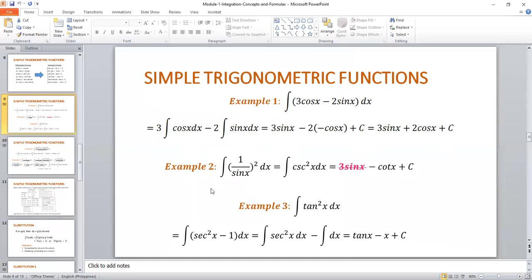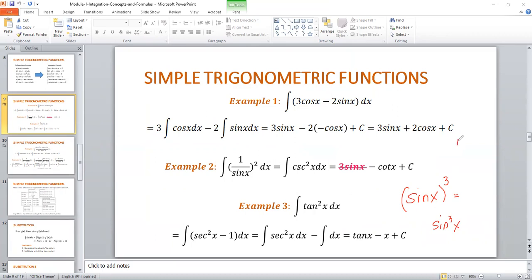For number 2, you have 1 over sine x quantity squared. Now, in your trigonometry, 1 over sine is cosecant. This is good as an example because some students don't understand that whenever you have written something like this, it's equivalent to cosecant squared x.